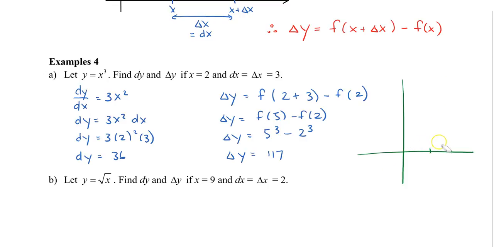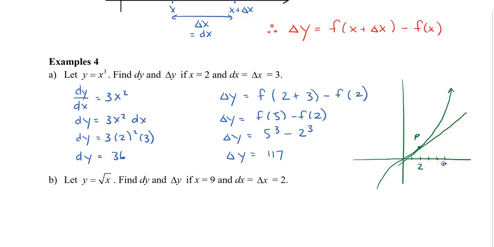Let me start this again. Okay, so my x value is 2, which is here, and that's my point P. And then I have my tangent line. Notice my tangent line this time is underneath the graph, so it's a little bit different.